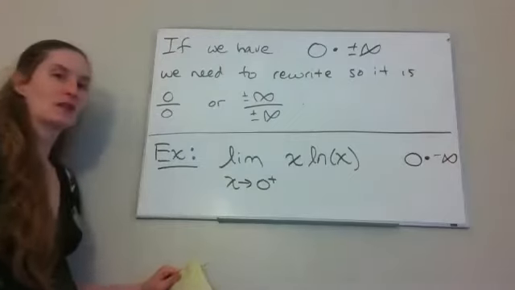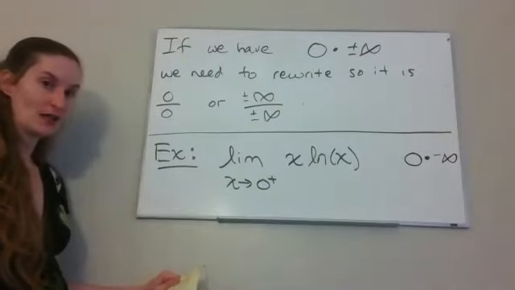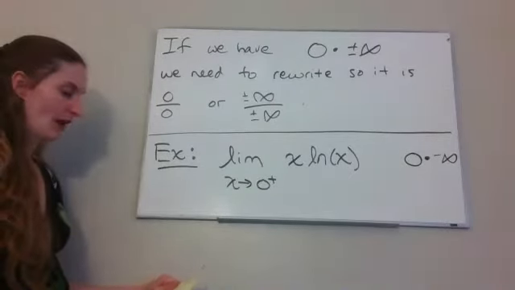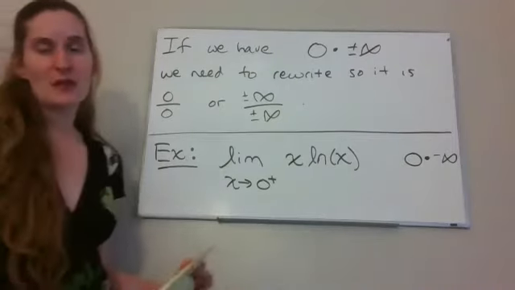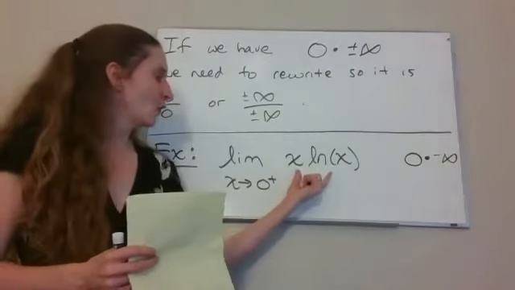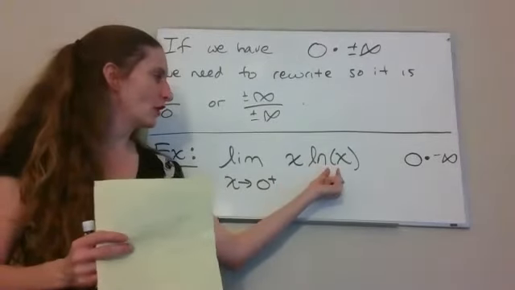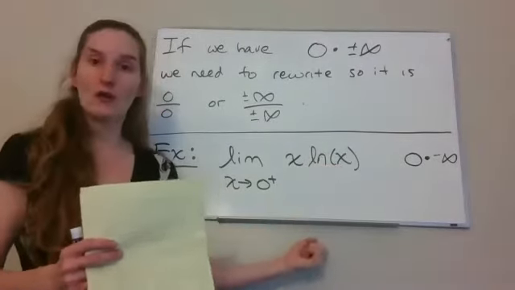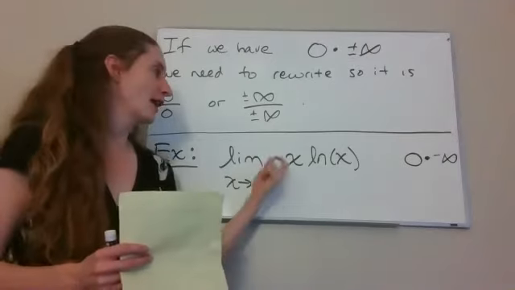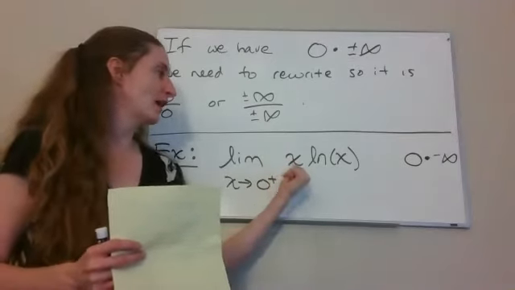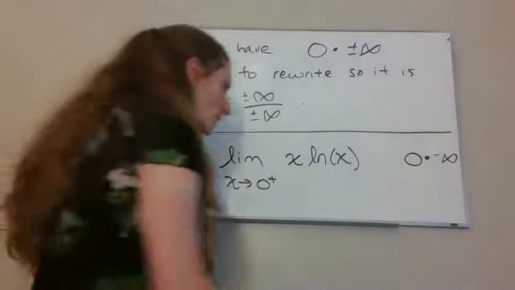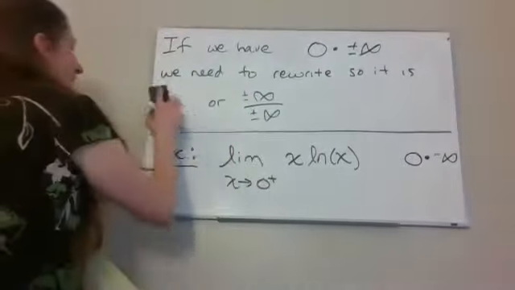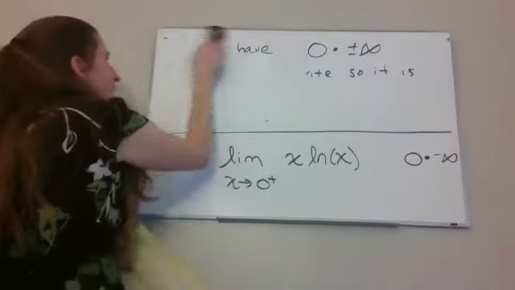So I have a 0 times negative infinity situation. So I want to rewrite this as a quotient. There's 2 ways to do that. I can either write this whole thing as natural log of x divided by 1 over x, or I can write it as x divided by 1 over natural log of x. And the first option is easier for us because of how we're going to have to take derivatives.